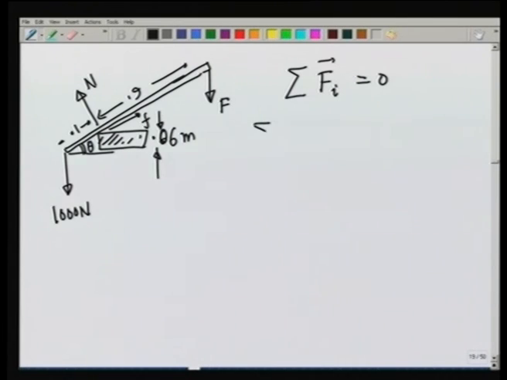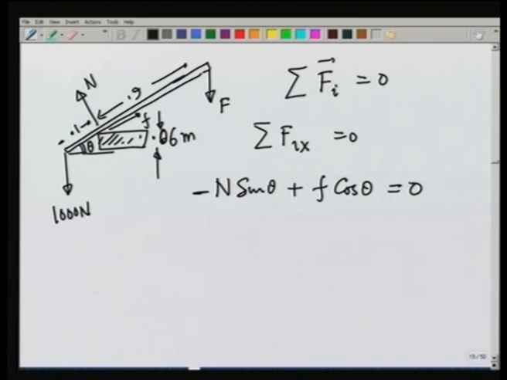So, summation F_ix is equal to 0 gives me N sin theta, which is in the negative direction, plus F cosine theta is equal to 0. Similarly, when I write summation F_iy, the force component in the y direction is 0.